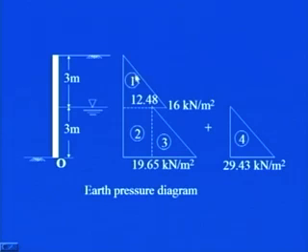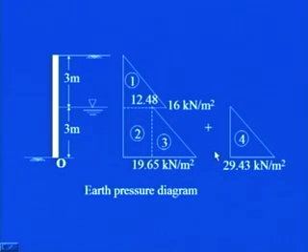So first it follows this line, then it gets reduced to 12.48, and then at z is equal to 6 we found out that this lateral pressure or horizontal pressure was 19.65 kilonewton per meter square. So from this point it will extend till this magnitude, and the area marked by this firm line will give you the area of the lateral earth pressure diagram.